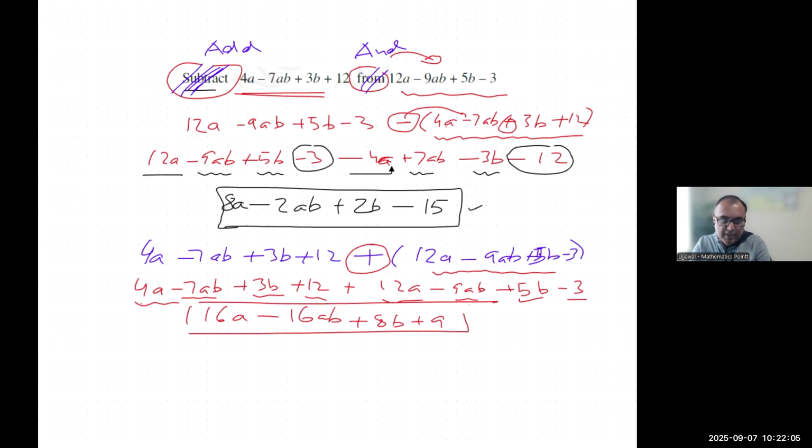So what we have learned in the last 20 minutes, if I were to quickly summarize the concept: whenever you are asked to subtract something from something, the stuff that comes after "from", so let's say this is an expression x1 and this is an expression x2, x1 will come first, take away x2.